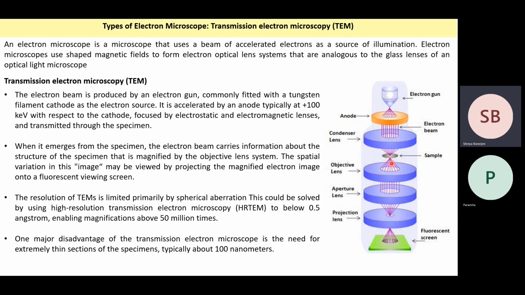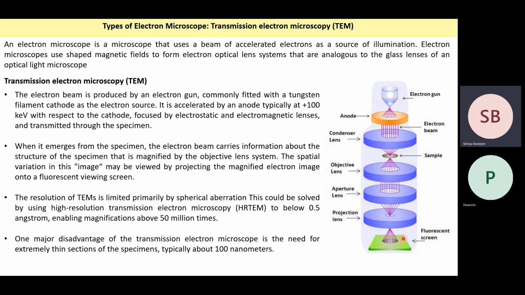In the electron microscope, these electrons, after passing through the specimen, will carry that information. And similarly, just as in the light microscope different objective lenses were used to magnify the image, here also the objective lens and the aperture lens are used in order to magnify the image of the object after the electron rays pass through it.